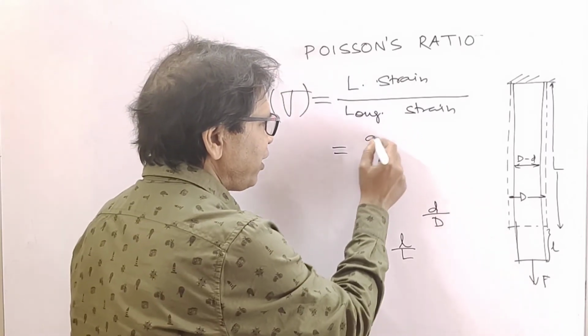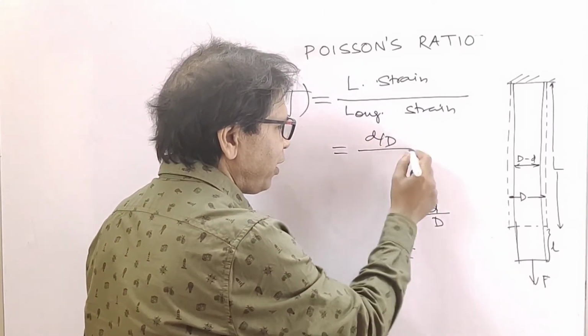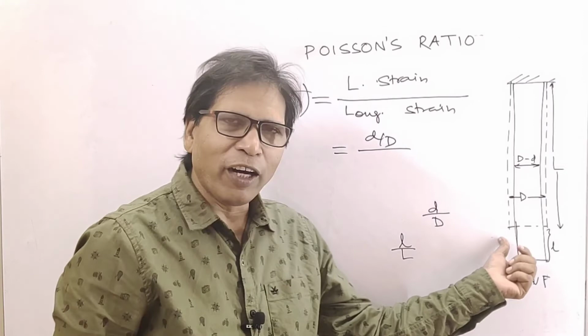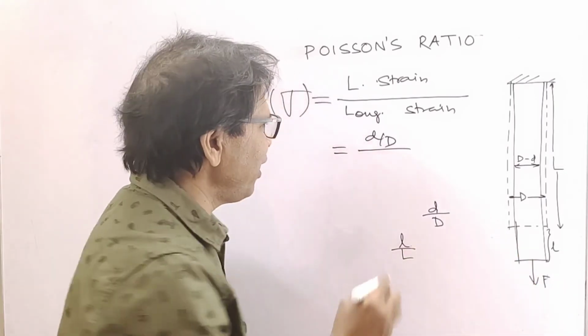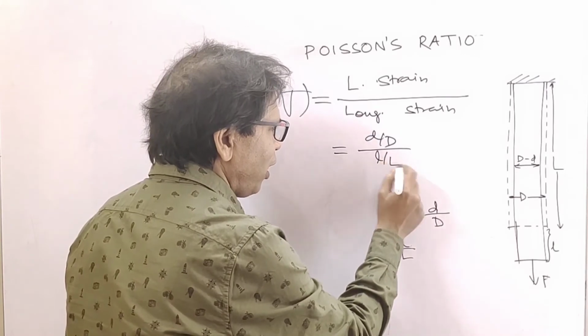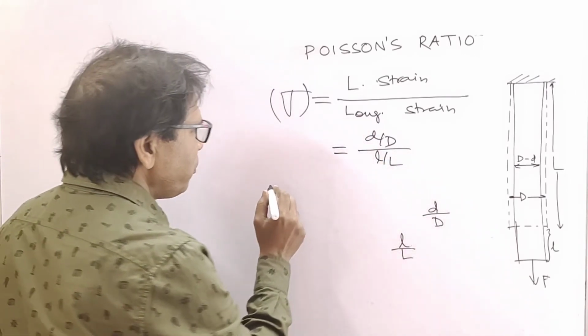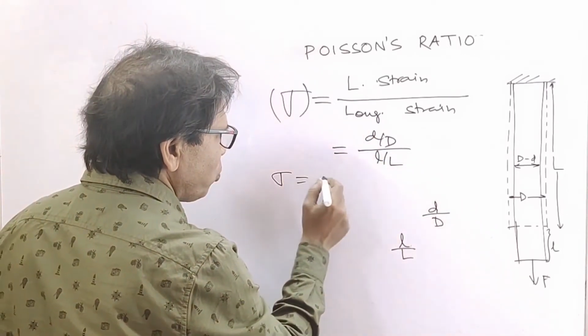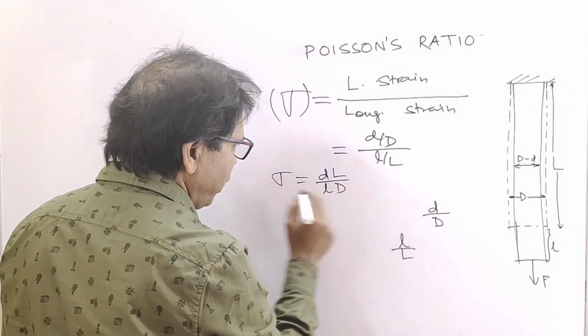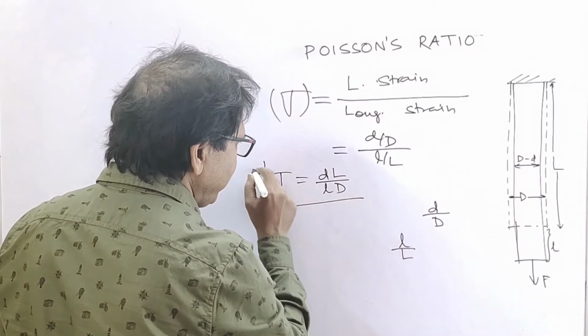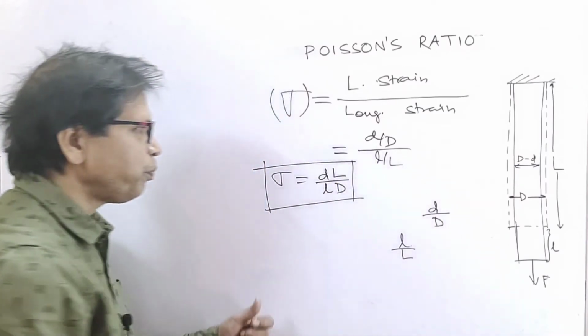So look at this, this is small d by capital D, and longitudinal strain, look at this, change of length by original length. So this is small l by L. Therefore, sigma is equal to small d capital L by small l capital D, is the expression of Poisson ratio.